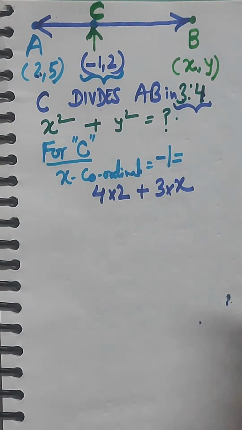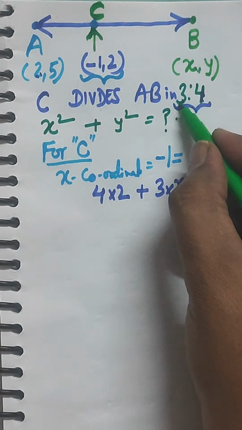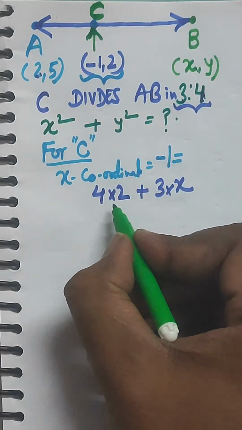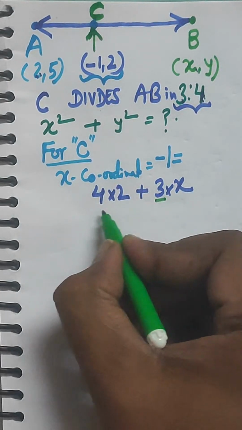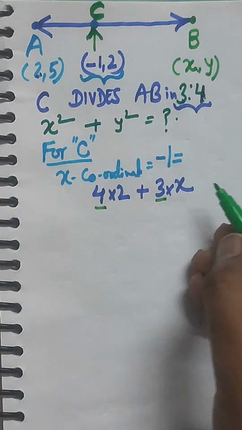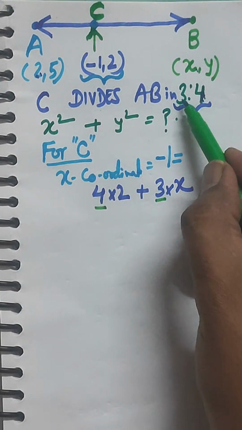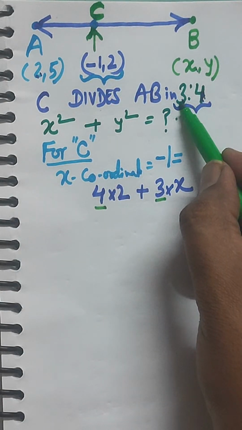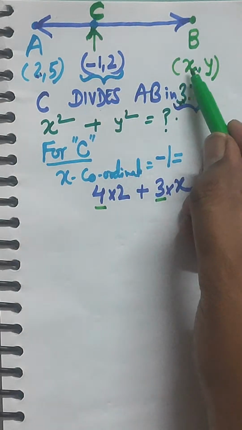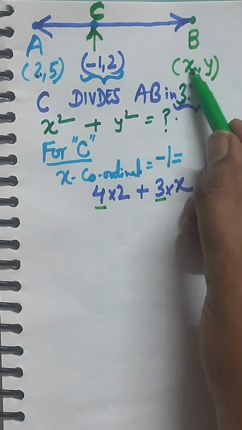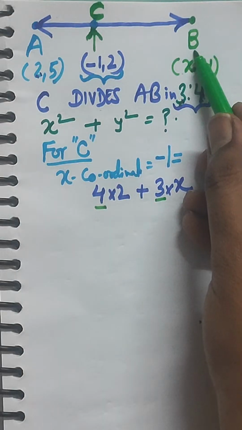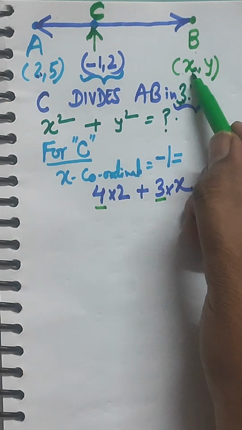So what we did, since this is dividing into the ratio 3:4, you can see this 3 and this 4. Since 3 is coming first, this will be multiplying with the abscissa of the latter point B. So you can see x is here.